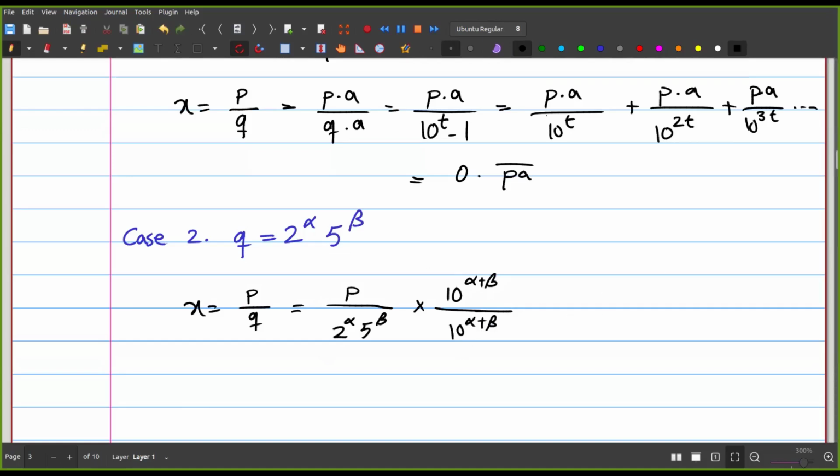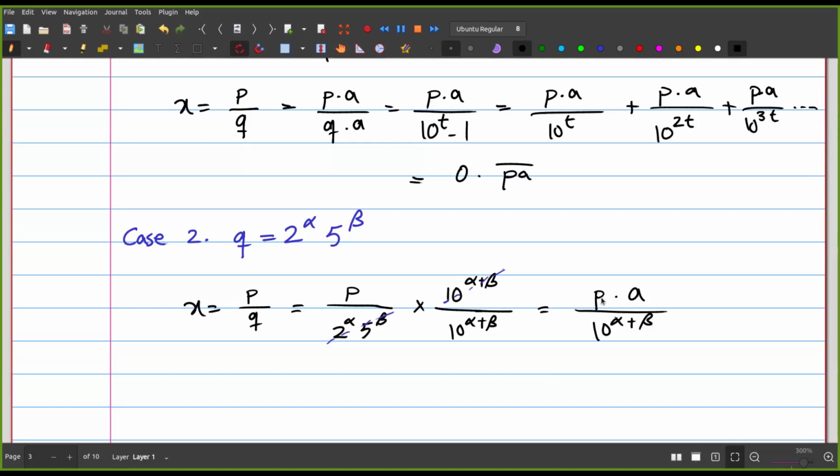And let's say that I also simplify this part with some of this part. So I'm going to get P times something, whatever remains of this part, let's call that A, over 10 to the power of alpha plus beta. But what does this mean? This means that I have a finite decimal representation, right?